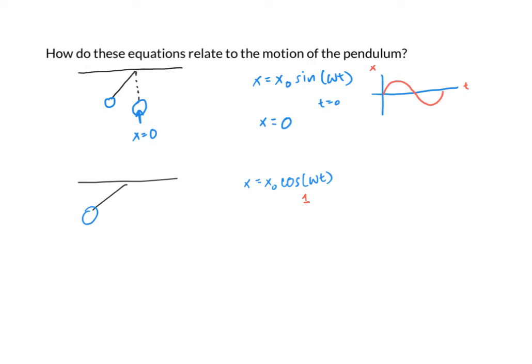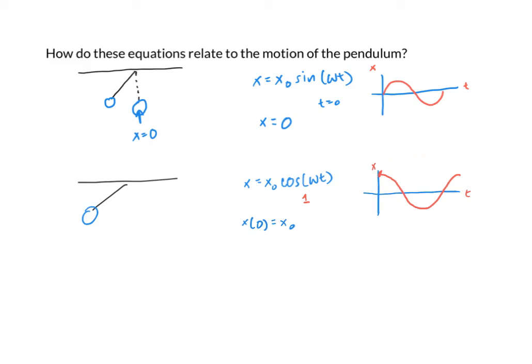So what I'm saying is that my x at time 0 is equal to my maximum position, my highest point, which is exactly what I want if I'm starting my timer at my highest point. I know this because the cosine of 0 is 1, and I can remember that from my nice graph of cosine of omega t.